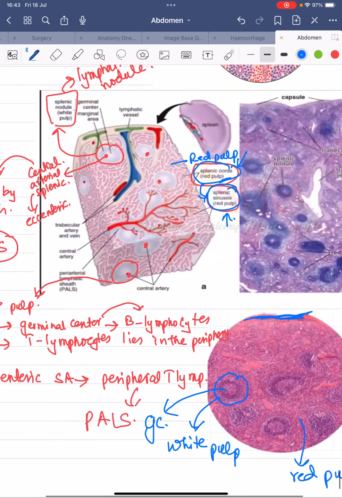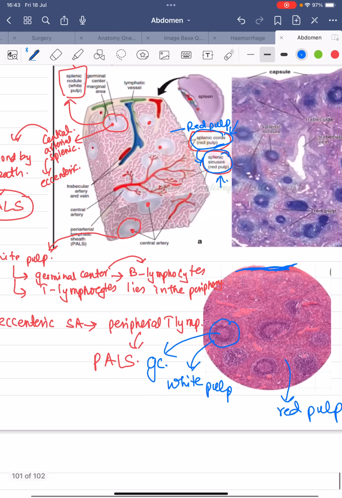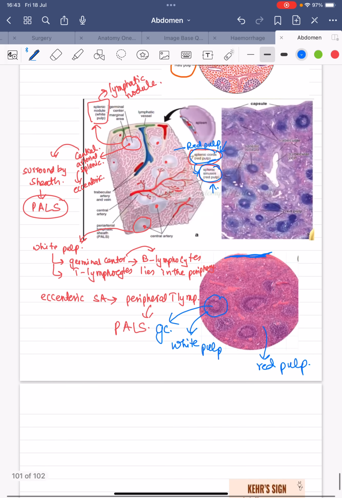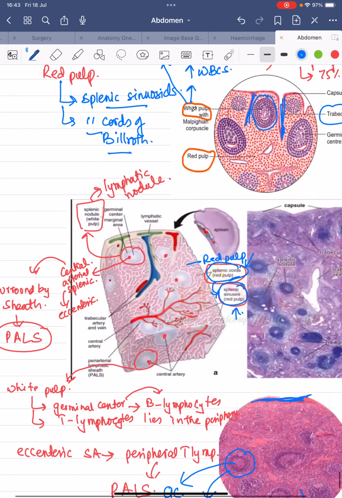So please remember, the spleen is the largest lymphoid organ, but it is also a graveyard of the RBCs in adults. And what are the functions of the spleen?